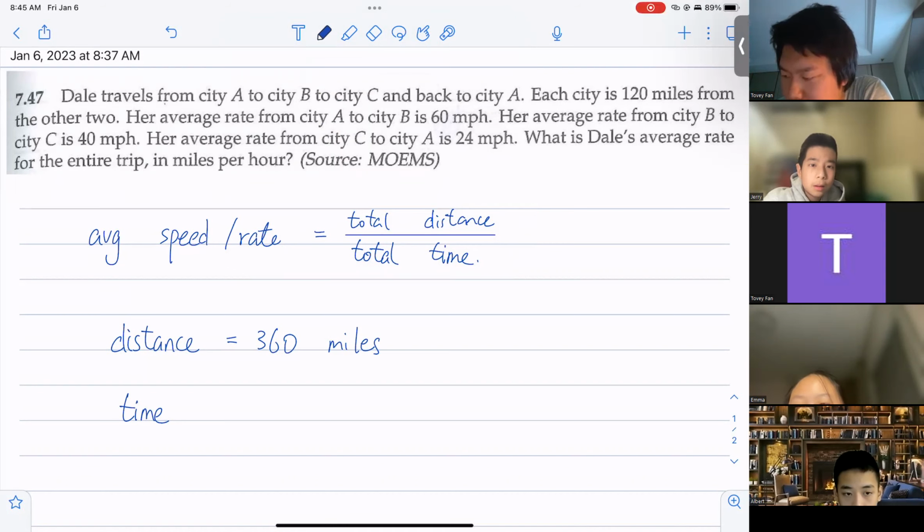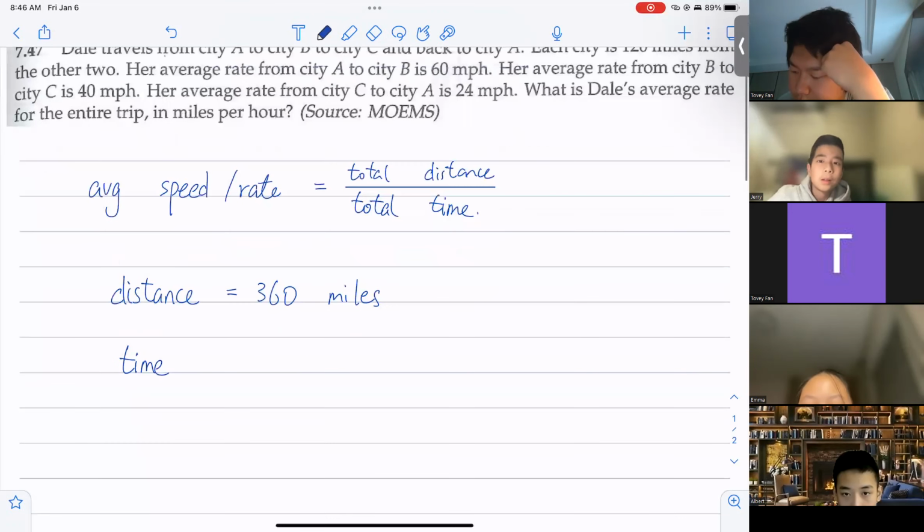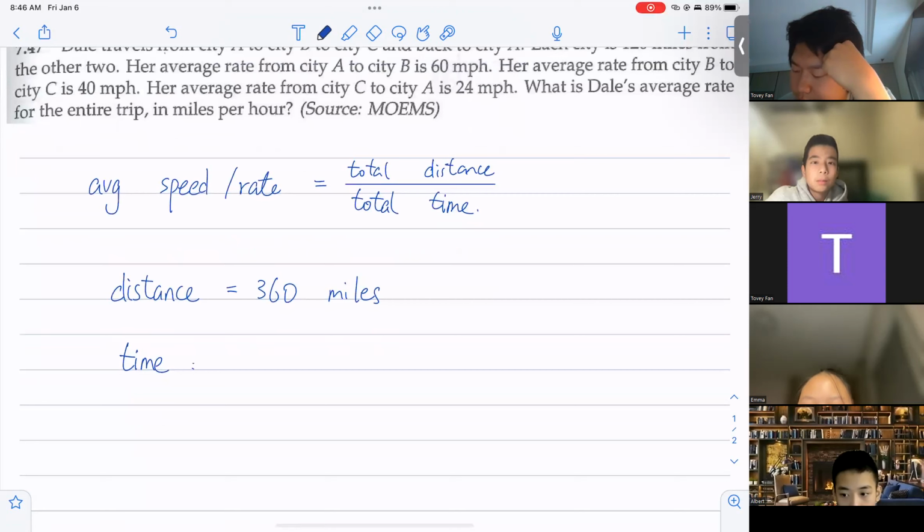We have three different parts of the travel, right? From A to B, the speed is 60 miles per hour. So the first part from A to B, the distance is only 120, right? So we do 120 divided by 60. It'll be better for us to maybe draw a little diagram here.